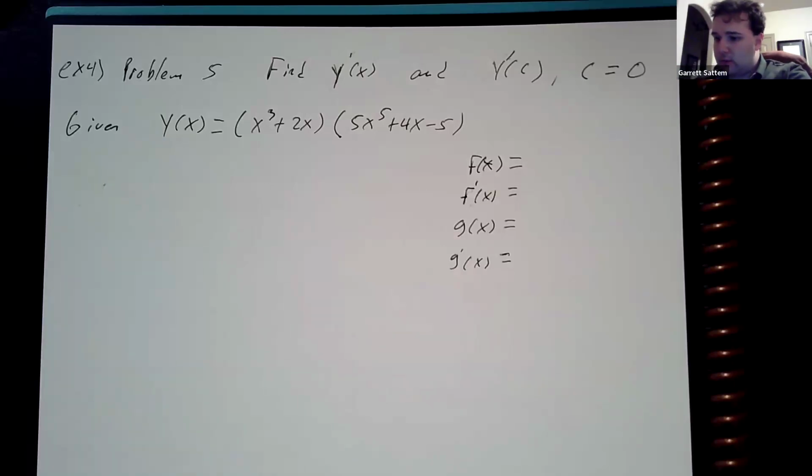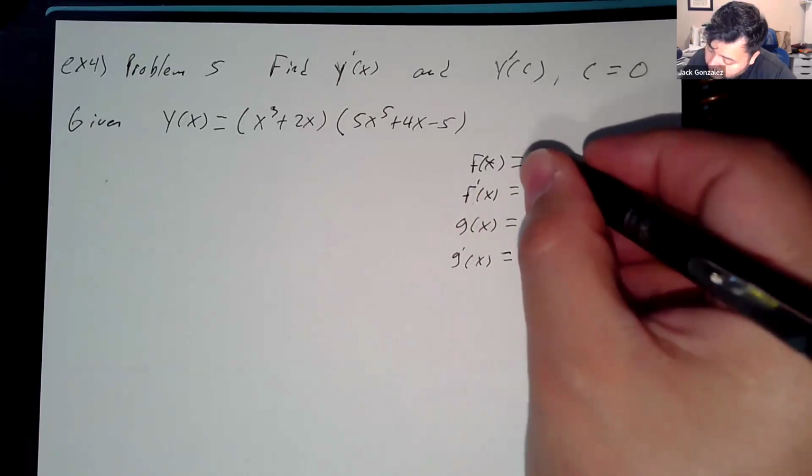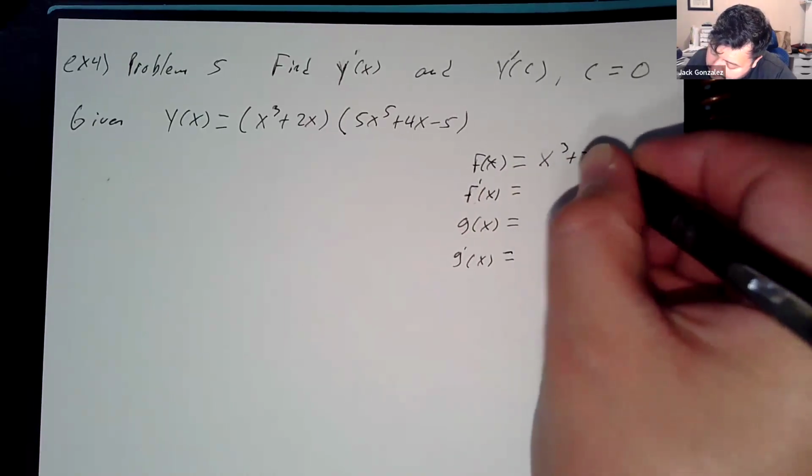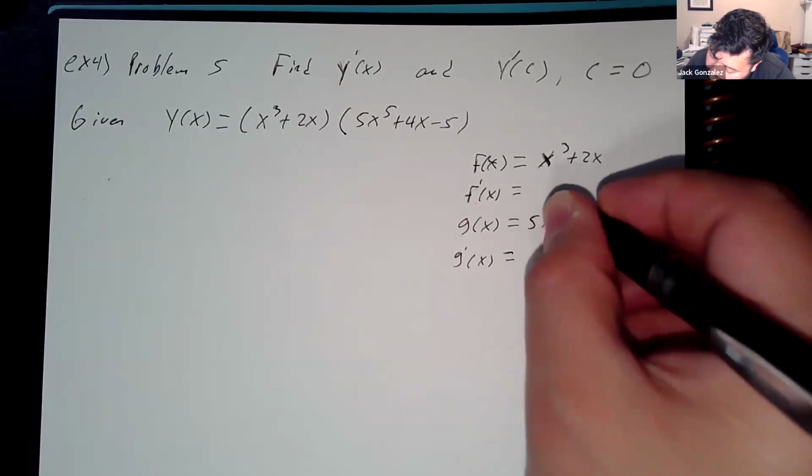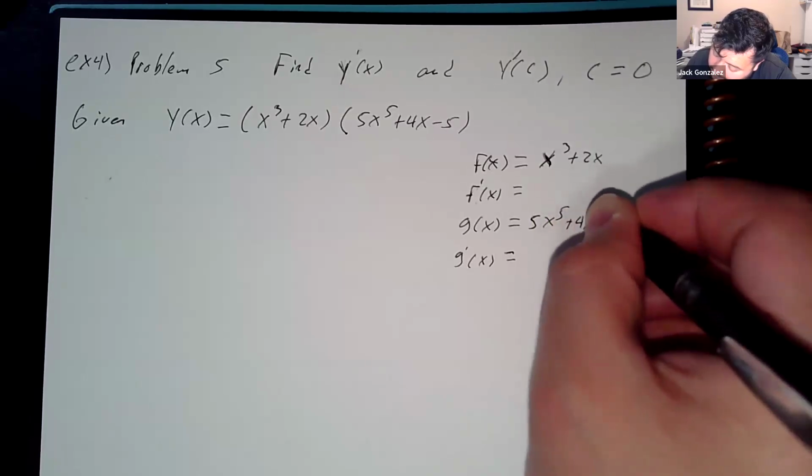I would say f would be x cubed plus 2x. G will be 5x to the fifth plus 4x minus 5.